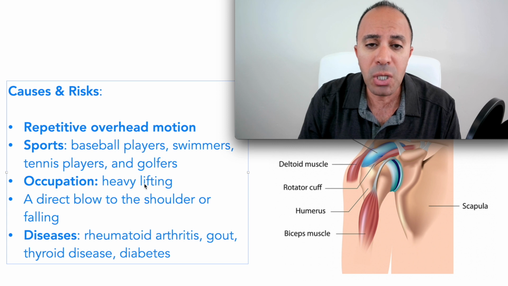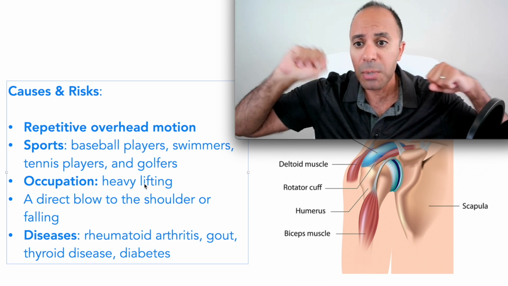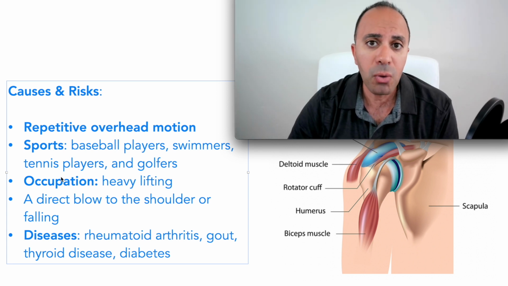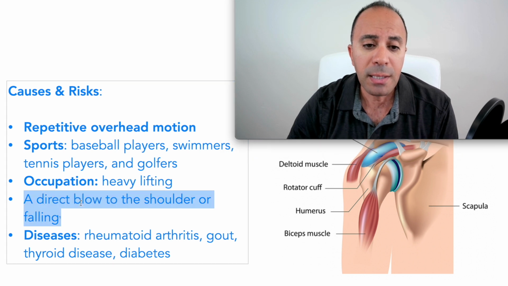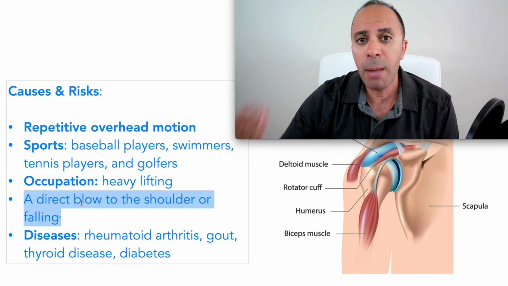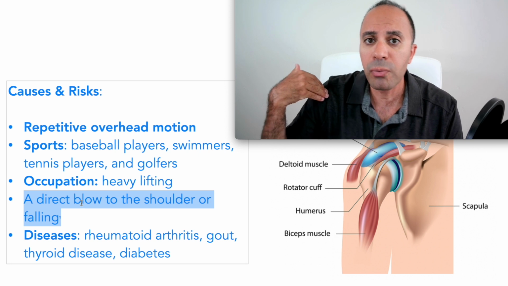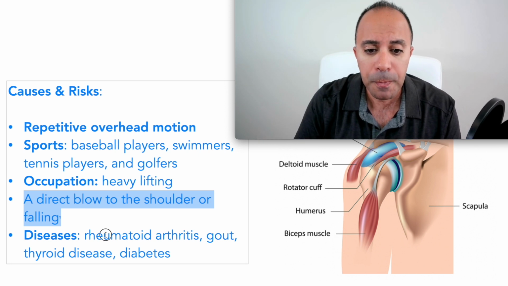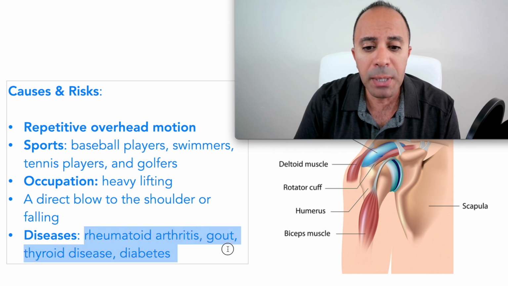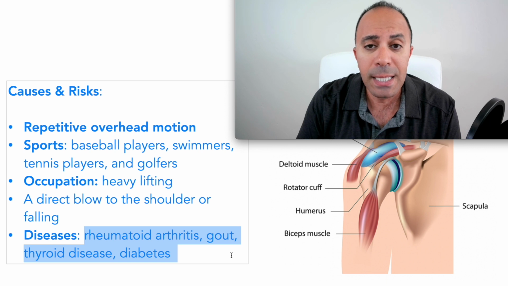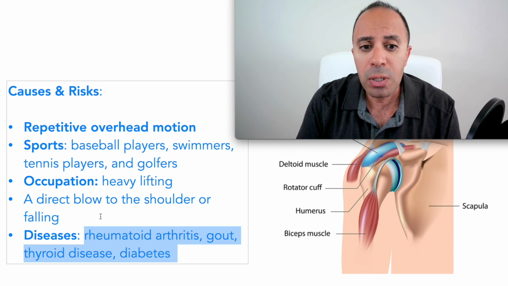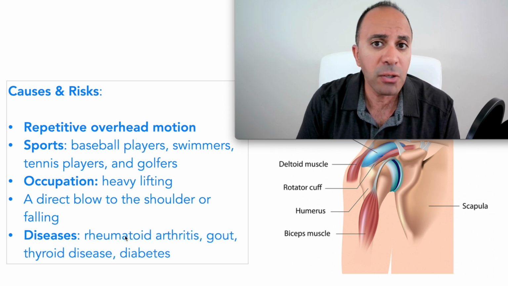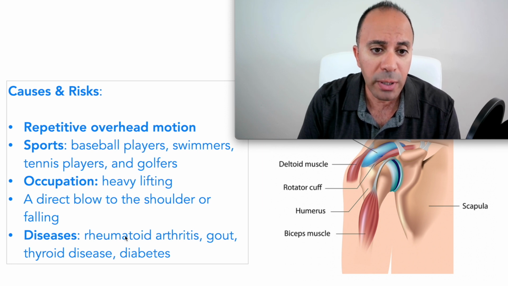Also, some occupations that require a lot of heavy lifting, especially overhead lifting, could cause bursitis. Another cause is an injury, a blow to the shoulder, a fall or a hit, which could inflame the bursa. People who have arthritis or rheumatoid arthritis, gout, thyroid disease or diabetes are usually at risk for having bursitis in the shoulder area.